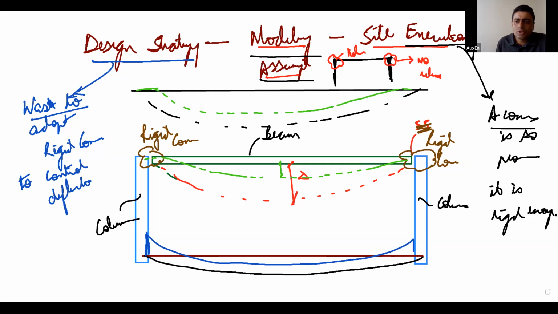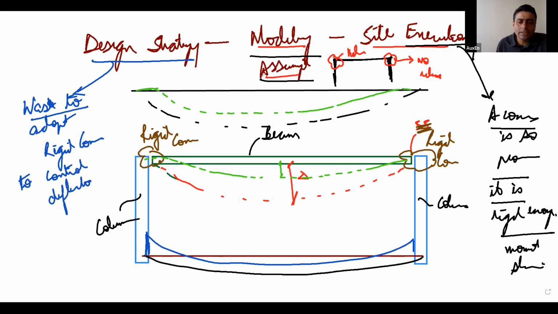It has to be ensured that the connection is rigid enough, it is able to take the analysis moments and shears. Okay, very important. So you have to work out your connection in such a way that it is rigid enough, it is able to take the necessary moments and shears.